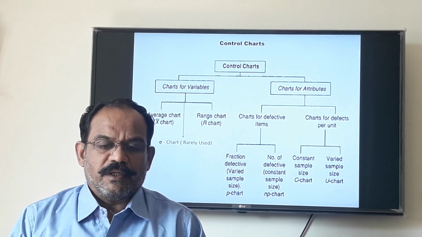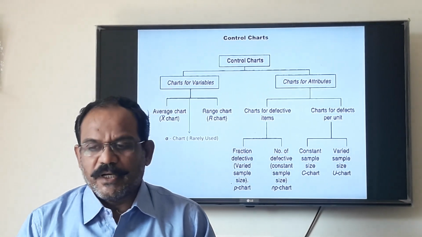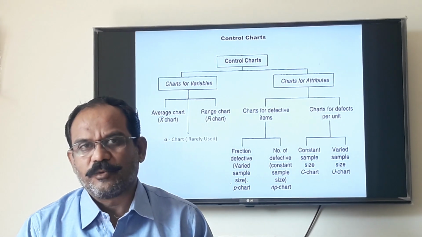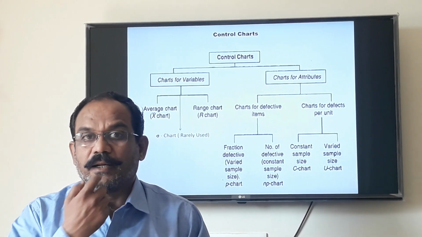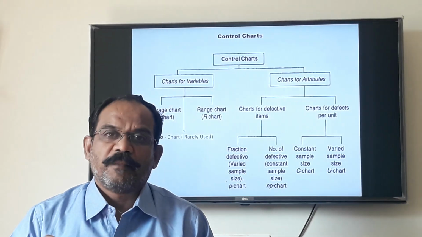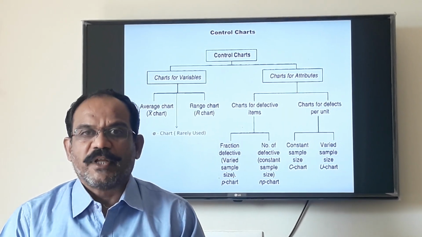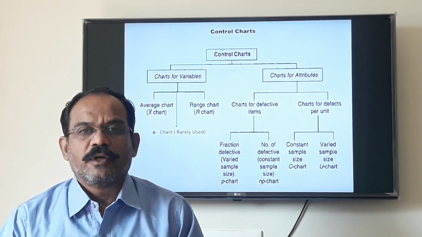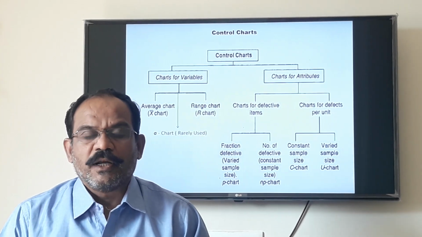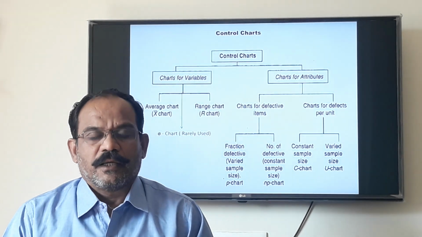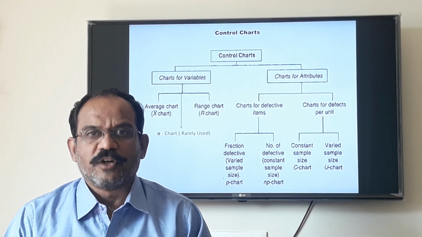After the variable data and attribute data, once you collect the variable and attribute data, that data needs to be placed and analysis is required from that data. For that purpose, we plot different charts apart from the bar chart, histogram chart and polygon chart.